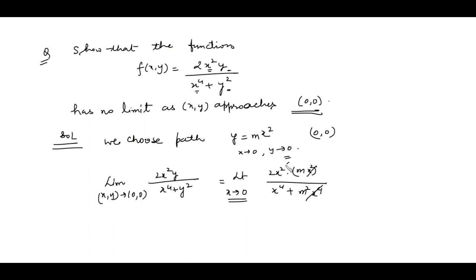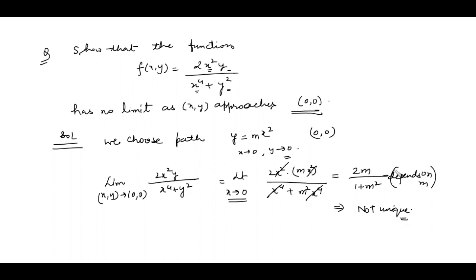So we will see this x to the power 4 will be cancelled out in the numerator and denominator, and again it depends on m. Now since it depends on m, this implies not unique. The value of this limit is not unique.